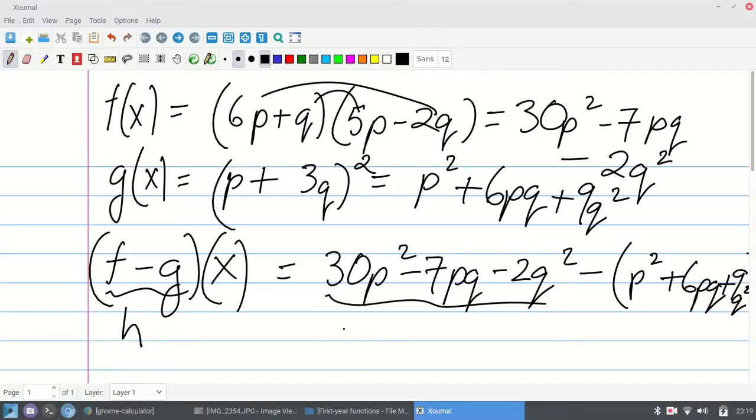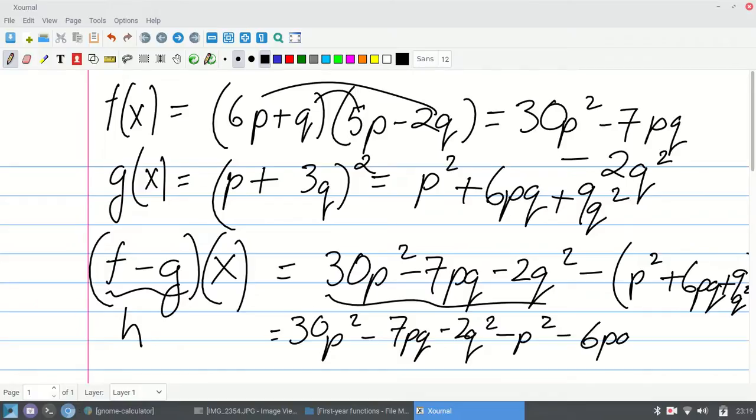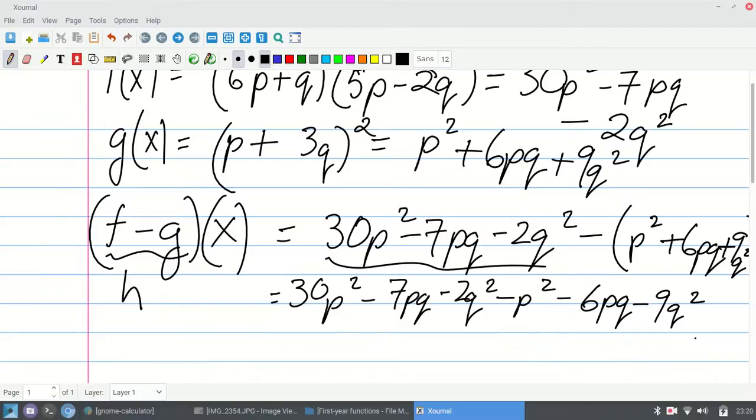Okay, actually, let me just expand. 30p squared minus 7pq minus 2q squared minus p squared minus 6pq minus 9q squared. 30p squared minus p squared is 29p squared.